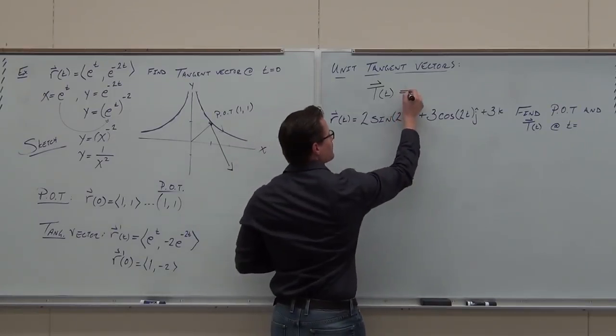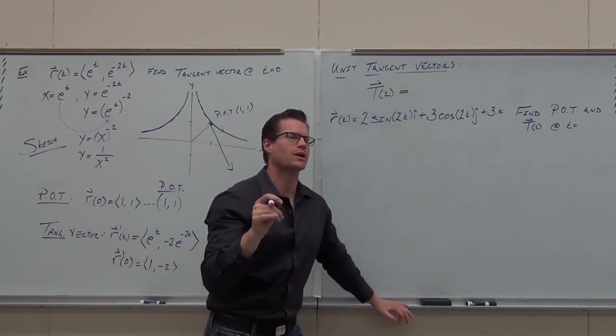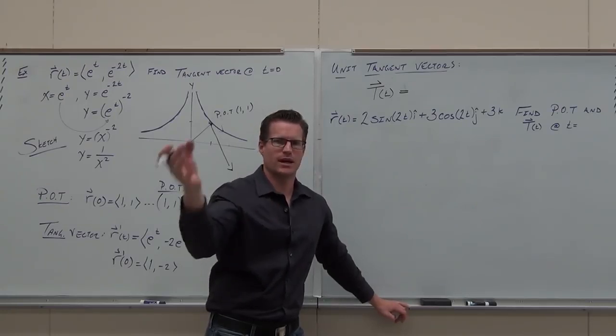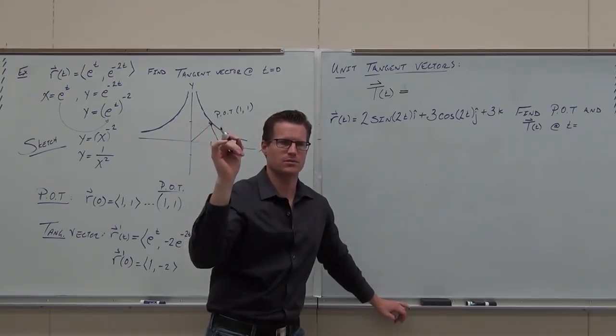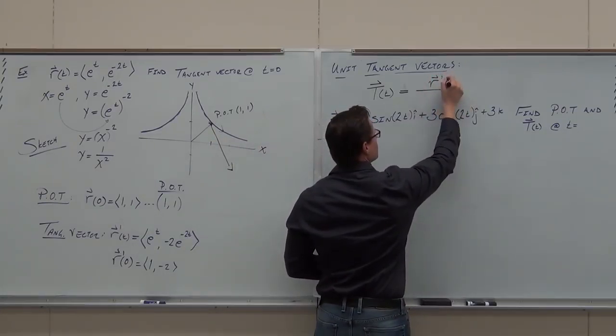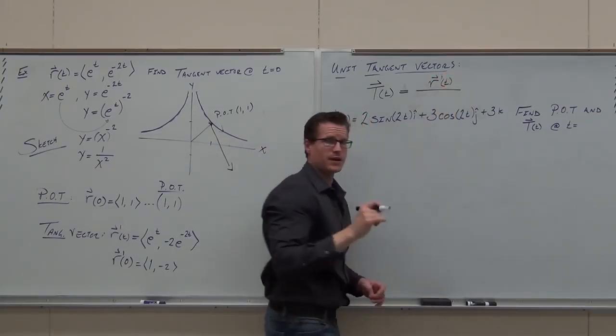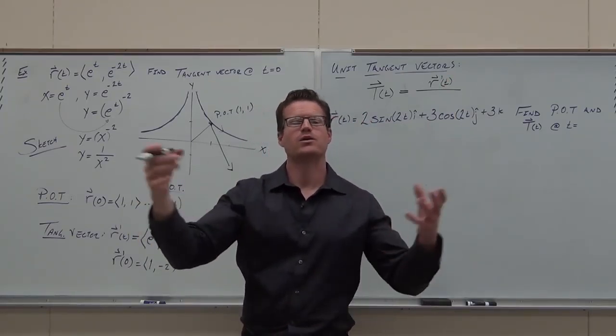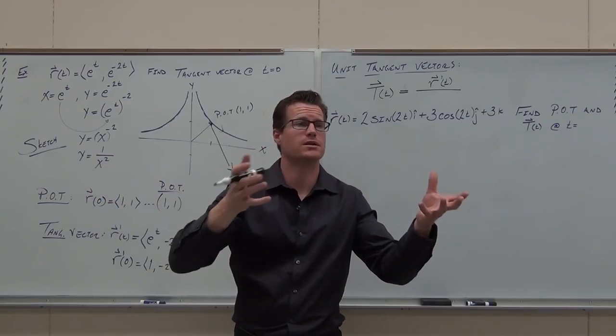Well, you probably already know. How do we find a tangent vector? Right now, how do you find a tangent vector? What gives it to you? A derivative of a vector function gives you a tangent vector. With me? How do we make something be a unit vector?